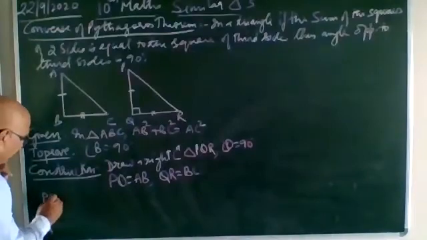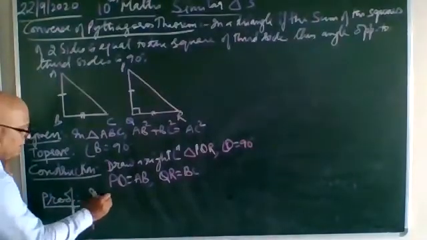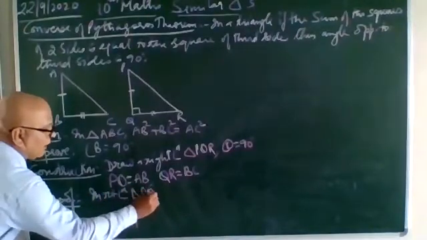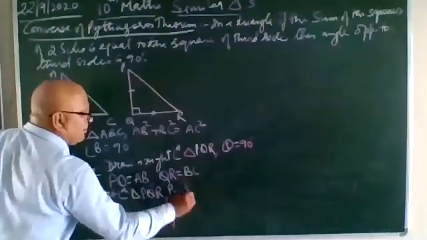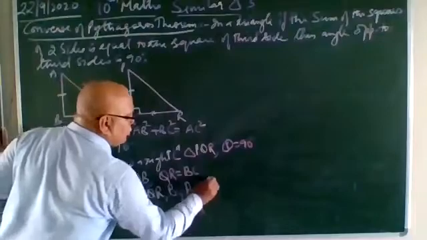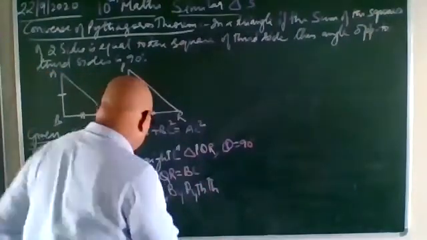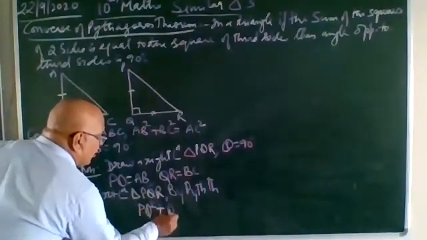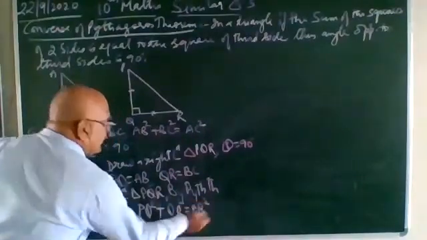Now proof. In right angle triangle PQR by Pythagoras theorem, PQ square plus QR square equal to PR square.